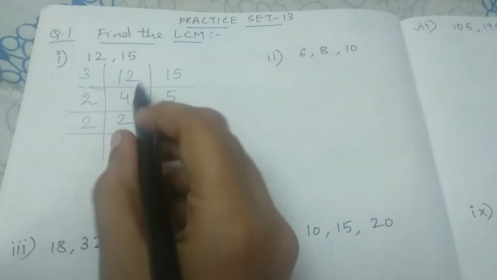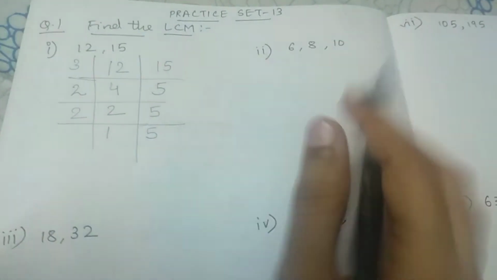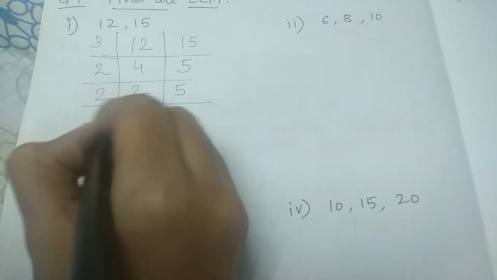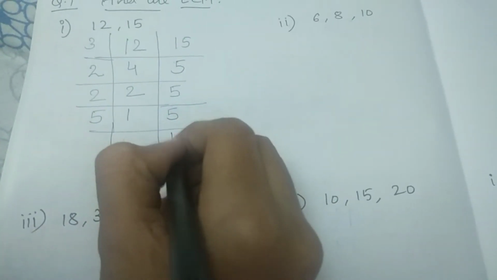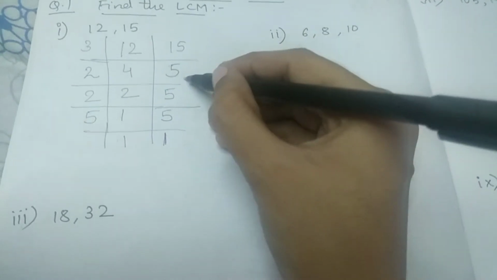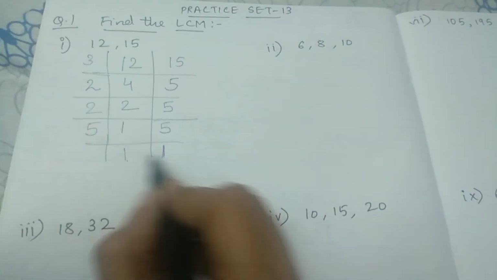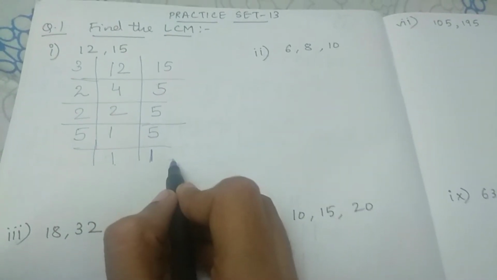Now here we got 1, so we have to skip this one and come here. 5 is still remaining, so I am taking here 5. 5 1s are 5. And this one will be carried down again. The way 5 has been carried down here, this one will also be carried down here. Now here we got 1 and 1 for both the numbers.